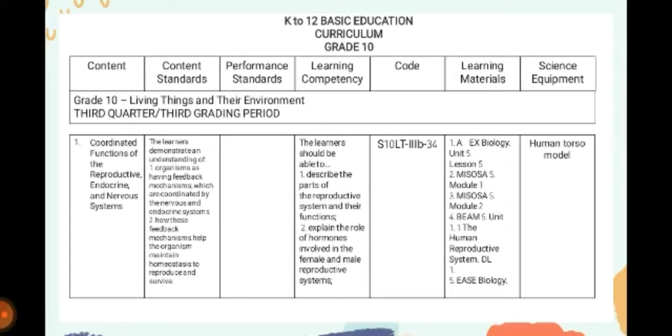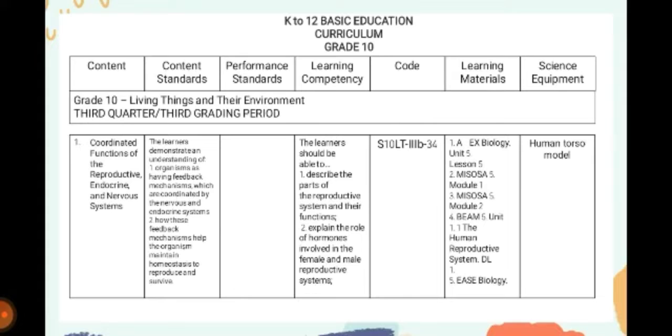For the second column, we have the content standards: the learners demonstrate an understanding of organisms as having feedback mechanisms which are coordinated by the nervous system and endocrine system. The third column is the performance standards, but since nothing is written there, it's just blank.